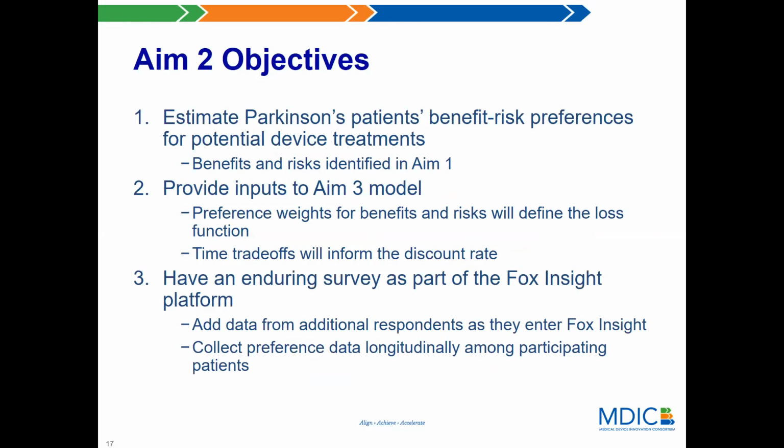And then there was a third objective that we're really not going to talk much about today, but that was to actually take the survey that we have and not only put the data and the results on the Fox Insight platform so that they are available to other researchers in the future, but also to develop a survey in such a way that it could remain an enduring part of the Fox Insight platform so that Fox Insight could continue to use that survey and administer it to new people as they came into the platform and potentially to use it longitudinally.